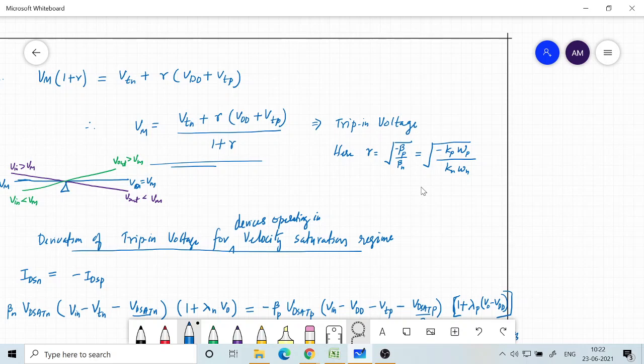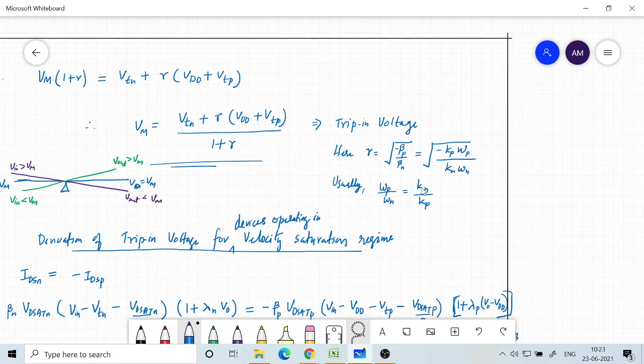So usually the design parameters WP and WN are done in such a way that, in most cases, whenever you design an inverter, we follow this, that is WP by WN we will take as Kn by Kp, and Kn is usually 2.5 times larger than Kp, okay, or 2 to 3 times.